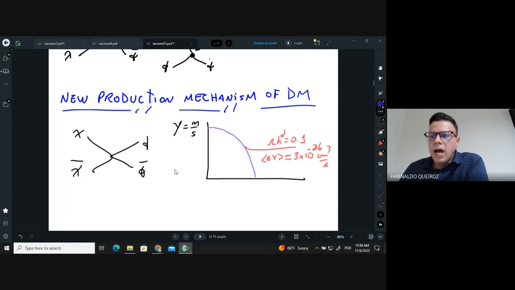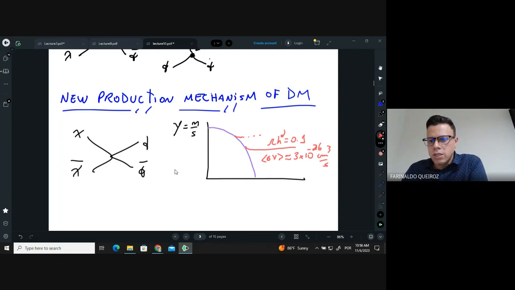Now I'm going to consider the scenario in which sigma v is too small. If it's too small, let's say around here, the freeze-out will happen earlier in time, because remember, the larger the sigma v, the longer I retain equilibrium.